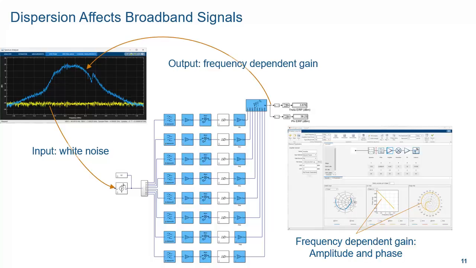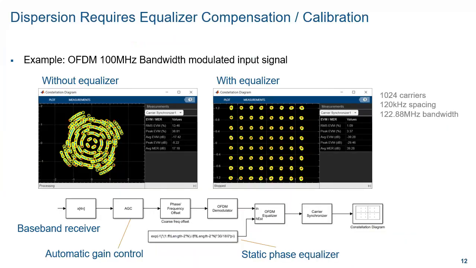Additionally, dispersion does not only change the amplitude of the output signal, but also the phase. And this can have a very important impact when using modulated waveforms, or waveforms that have complex modulations. For example, here we are seeing an OFDM signal with 100 MHz bandwidth and 124 carriers with 120 kHz spacing.